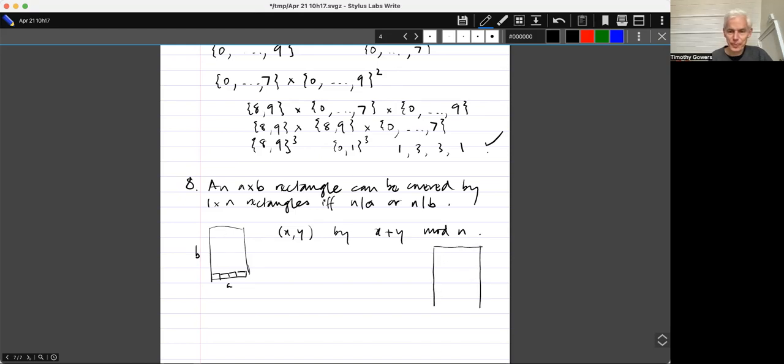So I'll go up to the largest multiple of n that is smaller than A, and the largest multiple of n that's smaller than B. And then, so that's a multiple of n, so I can cover this thing evenly.